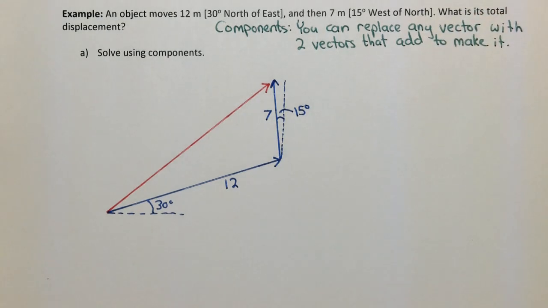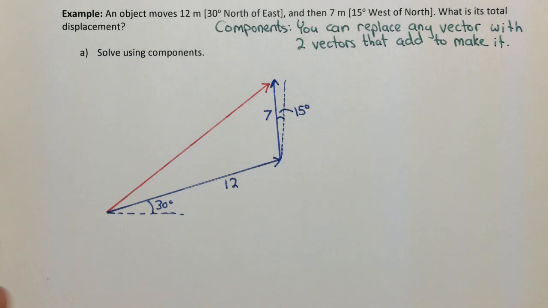This actually works with numbers too. So if you really didn't like the number 5 for some reason, every time you saw a math problem with the number 5 in it, you could erase the 5 and replace it with 2 plus 3 or 4 plus 1. And then keep doing the math problem and you get the exact same answer. Works the same with vectors.